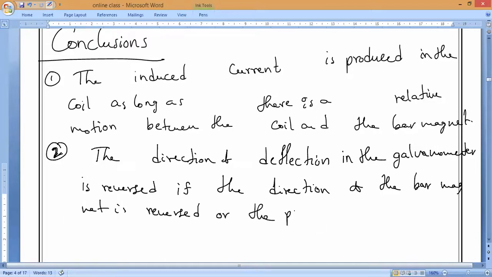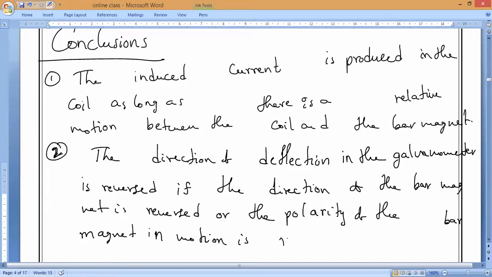The polarity, either south pole or north pole. The polarity of the bar magnet in motion is reversed. So these are the conclusions which we have made from this activity.